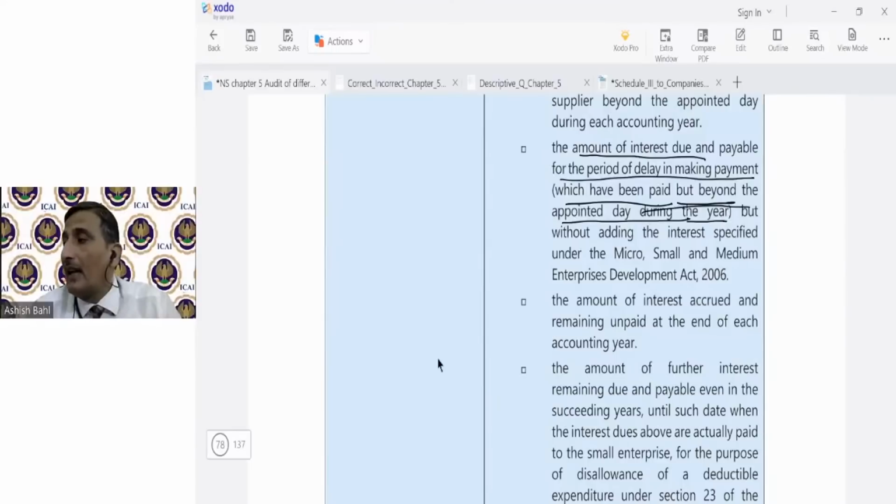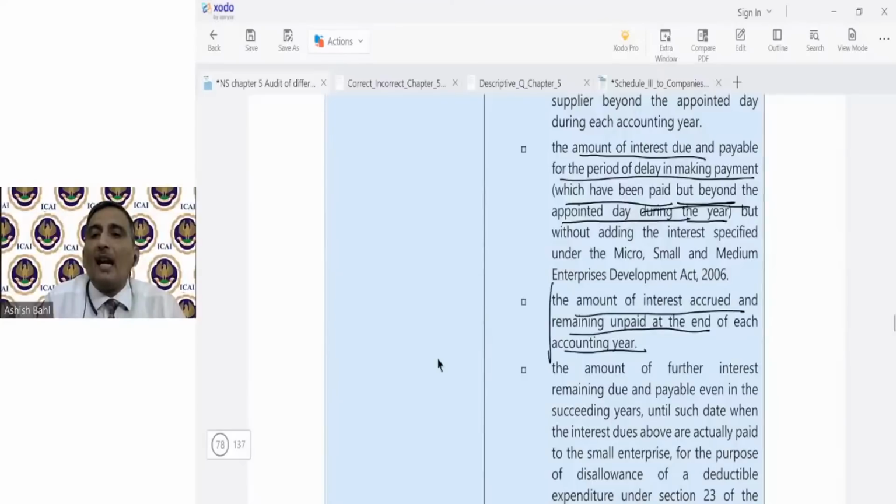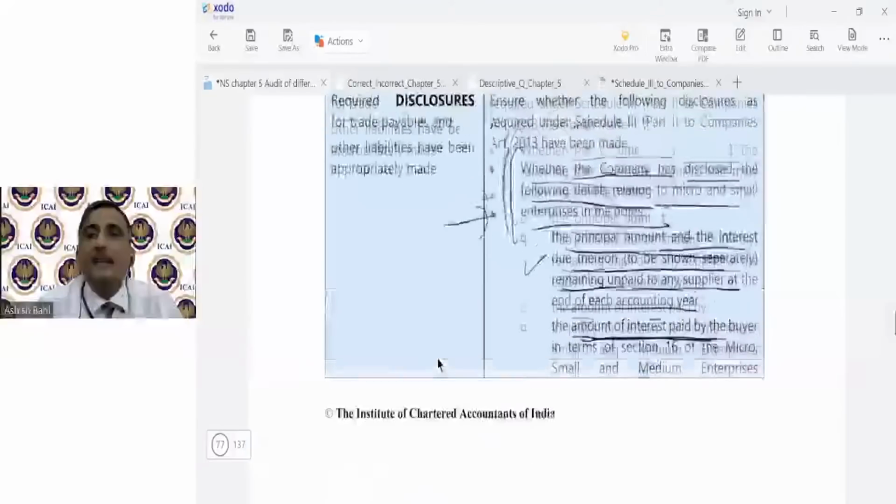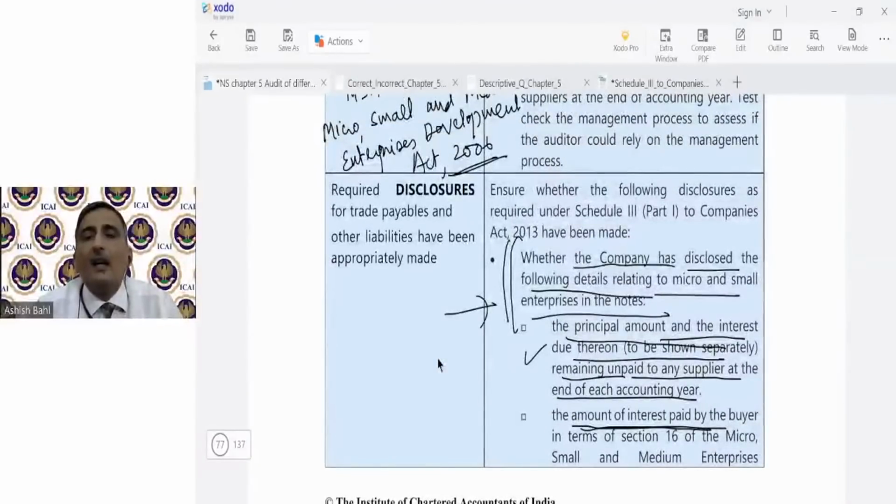To that micro enterprise or to that small enterprise. Okay. So these are all disclosures relating to principal amount and interest. So what you students have to keep in mind regarding this disclosure is, number one, two important things you have never to lose sight of.